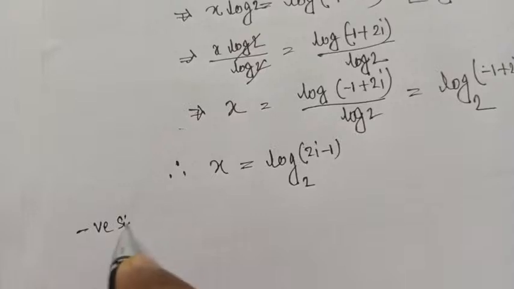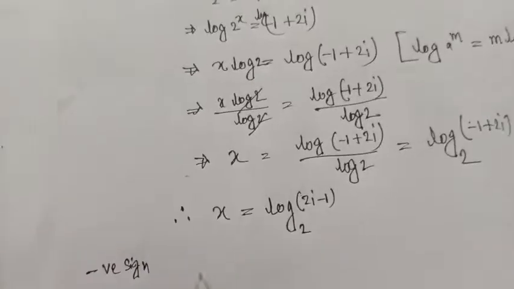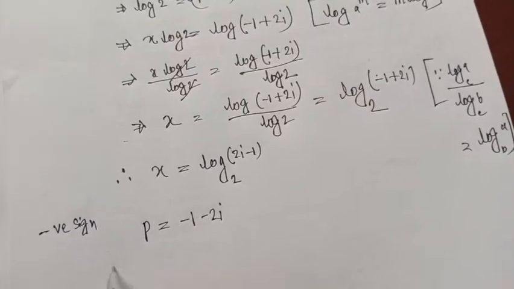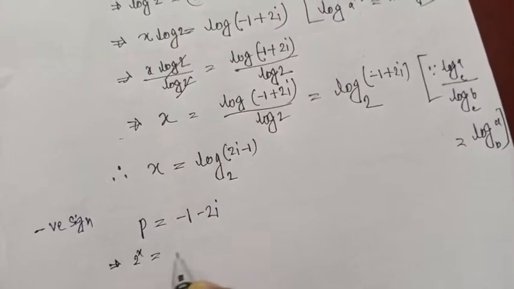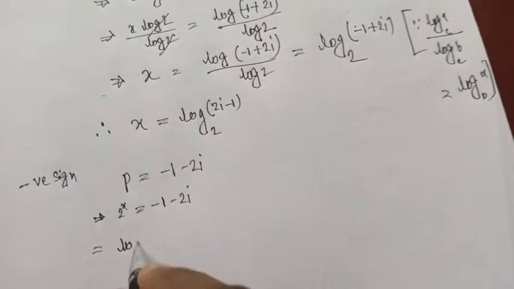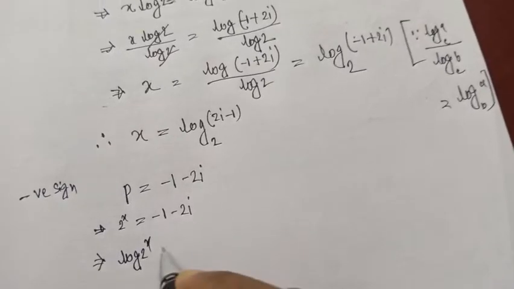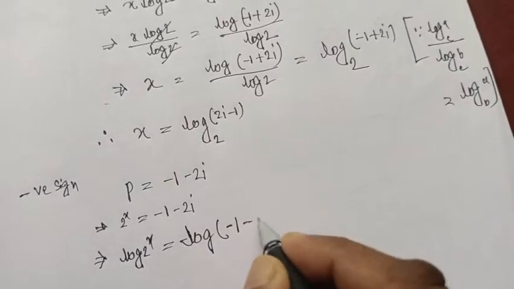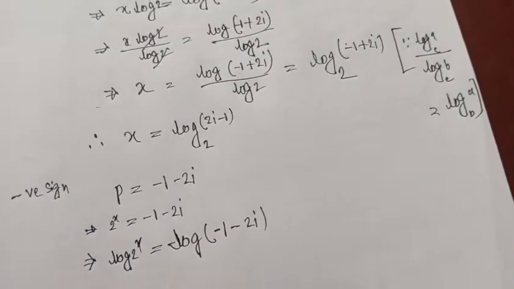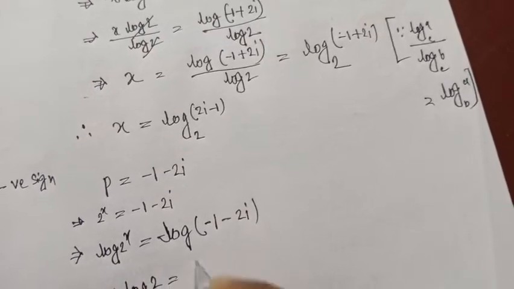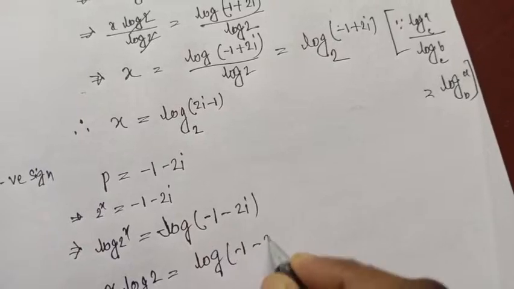If we take the minus sign, then p is equal to minus 1 minus 2i, that is 2 to the power x is equal to minus 1 minus 2i. If we take log on both sides, x log 2 is equal to log of minus 1 minus 2i.